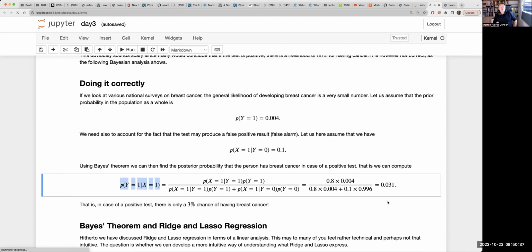So when we now move back to Bayes' theorem and ridge and lasso regression, I'm going to use the slides for the rest of the lecture here. Because this is something which you can think of more as a kind of background information. We are not going to use this in actual calculations, but it's useful to have a feeling of what this is. Because when you take a course on machine learning, or you go into any textbook, you will see these kind of statistical interpretations being used again and again.